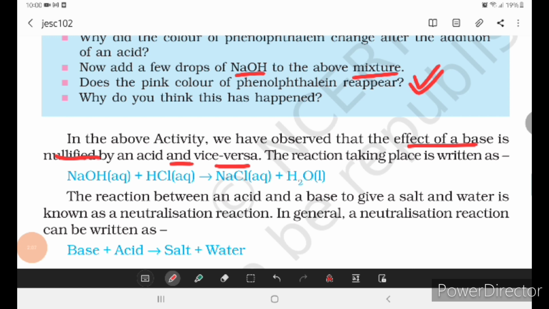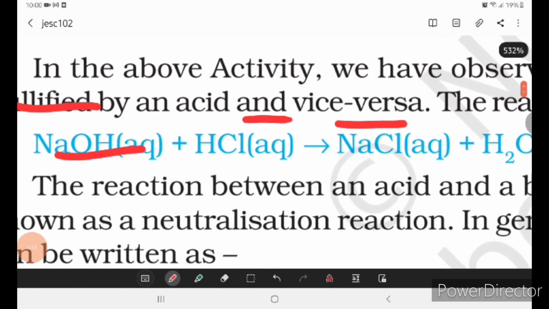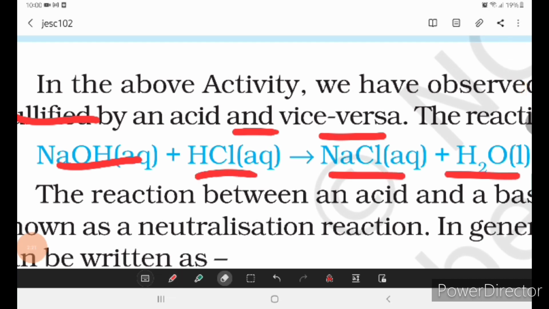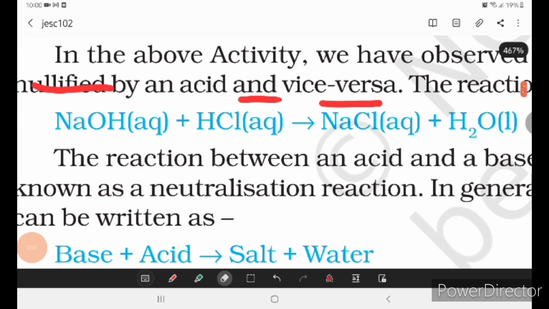That's because, as it is a base, it helps suppress the amount of acid in the stomach. The same happens here. NaOH (aq) plus HCl (aq) gives NaCl (aq) plus H2O. So this is a reaction between an acid and a base, which gives us salt and water.